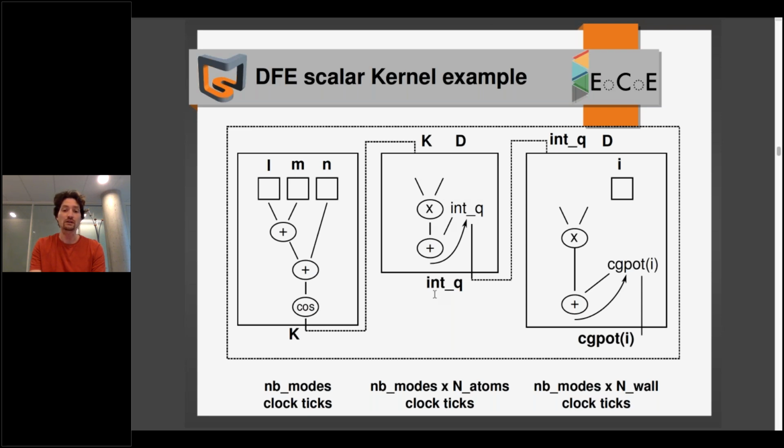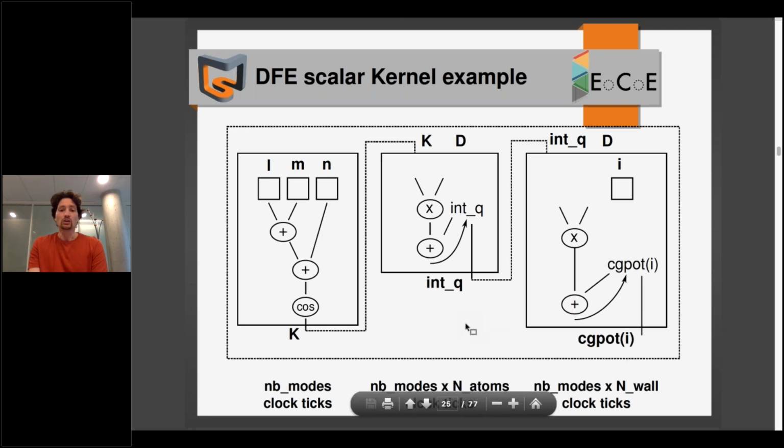Once the kernel is finished, we have our quantity, the integral of Q. The output of this kernel is an input of the next one, and again we stream D from memory in order to make the product and aggregate the results in the CG pot, the results of my algorithm. What goes out of the chip will be the results of the algorithm.